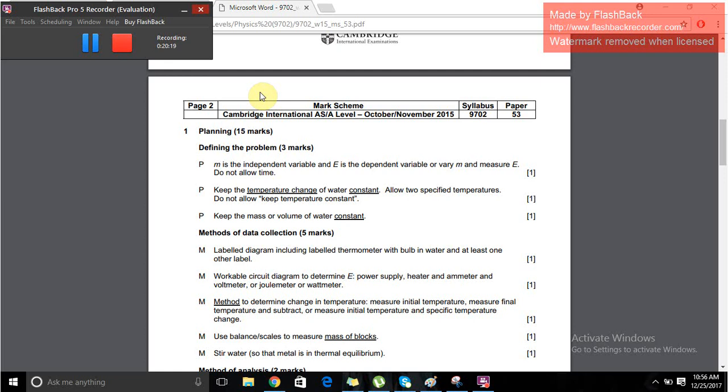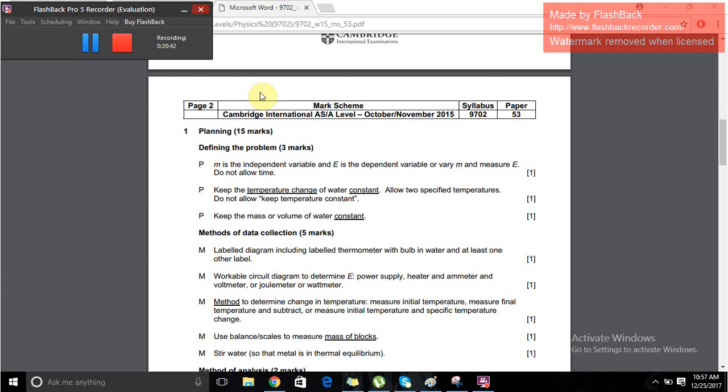Labeled diagram including labeled thermometer with bulb in water and at least one other label. A workable circuit to determine E should include power supply, heater, ammeter and voltmeter. Yep.